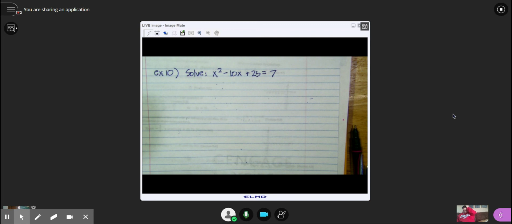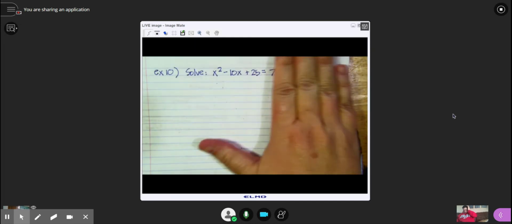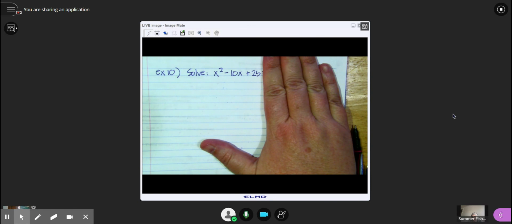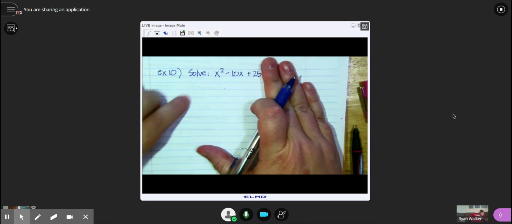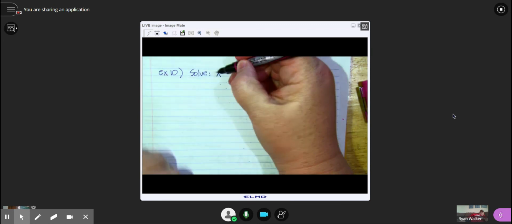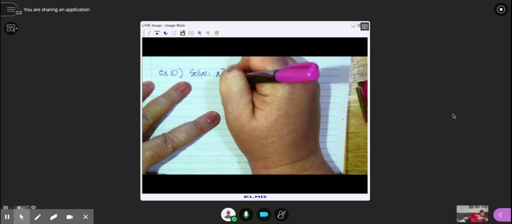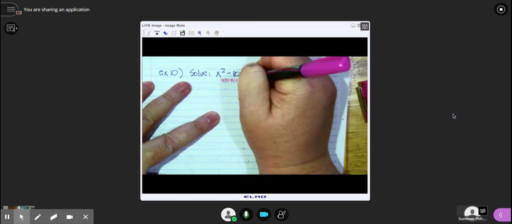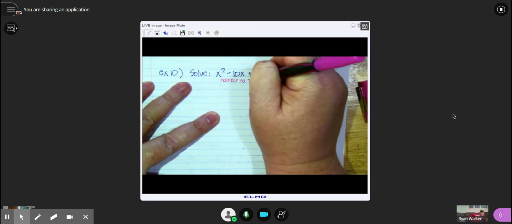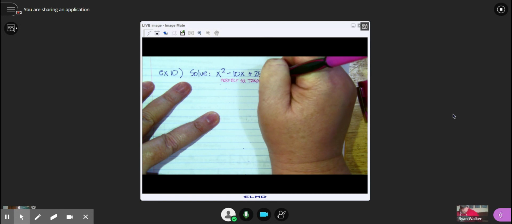Look at the x squared minus 10x plus 25 on that left-hand side. Do you notice anything about that trinomial? Ignore that bit for a minute. This left side is a perfect square trinomial.